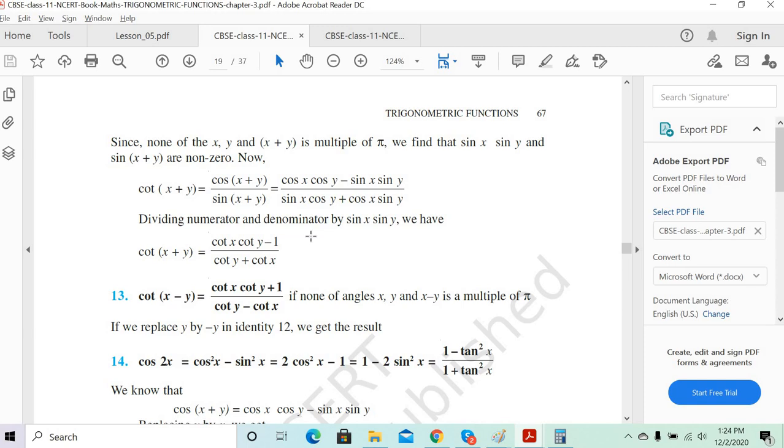So take the minus common from the numerator and the denominator and cancel. So I get cot x cot y, and minus is common, and then cot x cot y plus 1, divided by minus cot y plus cot x. Wrong. It should be cot y minus cot x, no? Because minus you are taking common.